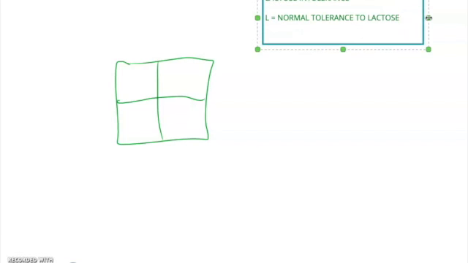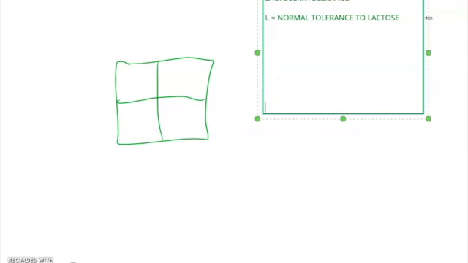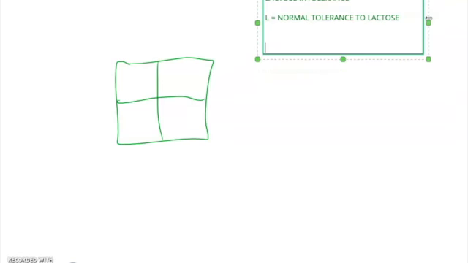What is lactose intolerance, by the way? Lactose intolerance is the inability to process lactose. You know from previous studies that lactose gets broken down into galactose and glucose by which enzyme? By lactase, right? So just remember that for a second. Maybe let's put that in another little box over here.